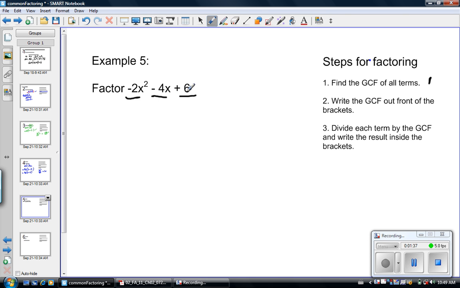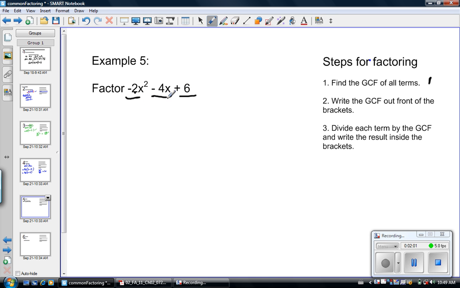Now we have 3 numbers and 3 terms to look for the greatest common factor. Right away we see a 2, and 2 is a factor of 4 and 6. The greatest common factor here is going to be 2, because the biggest factor of 2 is itself, 2 anyway. So 2, 2, and 2, the value of the greatest common factor is going to be a 2.